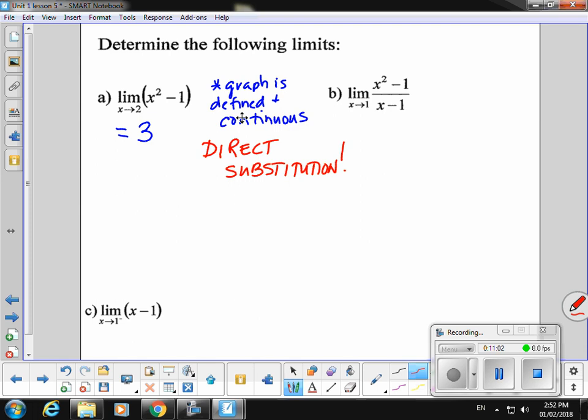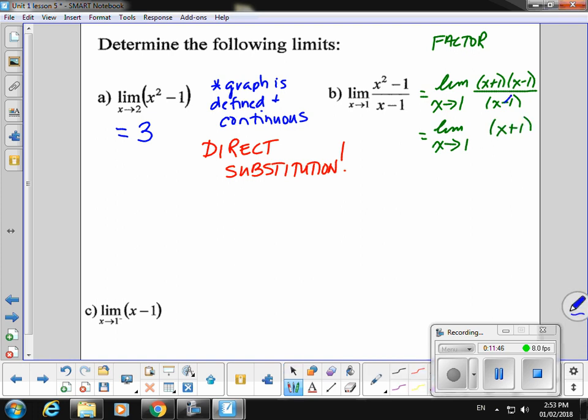Okay. The second one. There is a limit. We saw it. We would like to be able to figure it out. So right now, if I put a 1 in for x, I have a 0 over 0 problem, just like we did with the limits of the tangents. So I can't do that. I've got to use my algebra skills. So my limit as x approaches 1, well, I could factor, which is what we did when we drew it. I've got x plus 1 times x minus 1 over x minus 1, which is the limit as x approaches 1 for x plus 1.